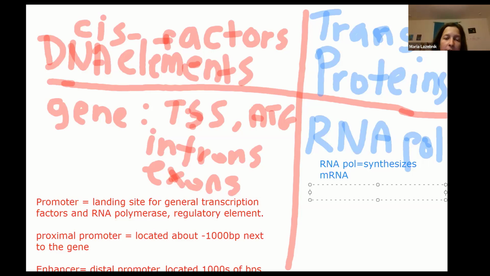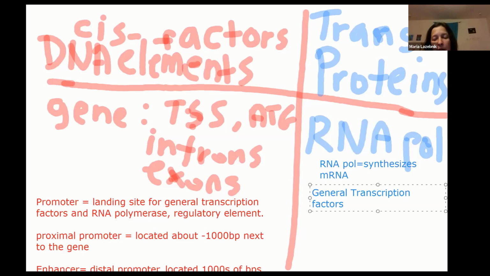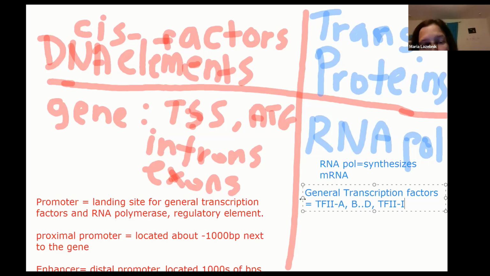We have something called general transcription factors, and their names are TFIIA, TFIIB, TFIIC, TFIID. TFIID acts as a general transcription factor.